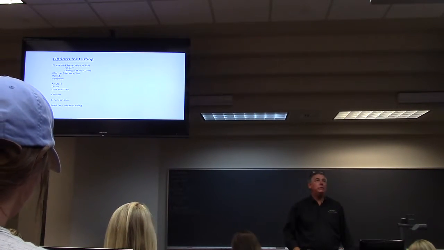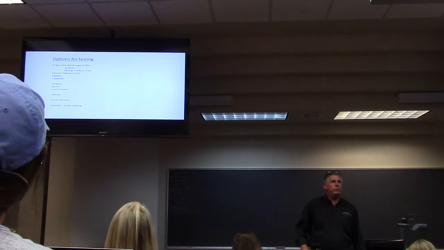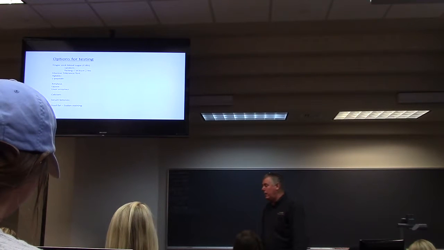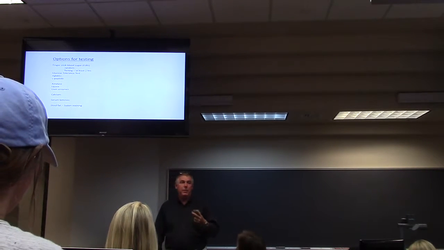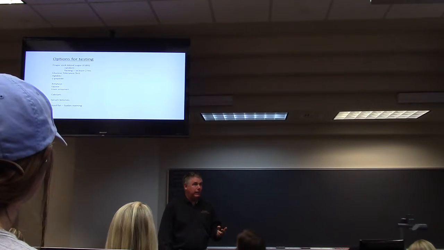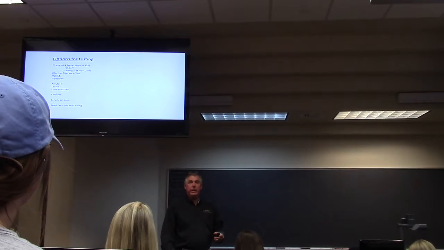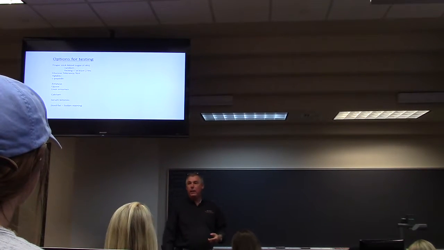There are different options for testing. You know about finger stick blood sugar. You have two types, random and fasting. If it's been over 2 hours since you ate, it's considered fasting. If I just take your finger stick now and you stopped at McDonald's on the way in, it's random.